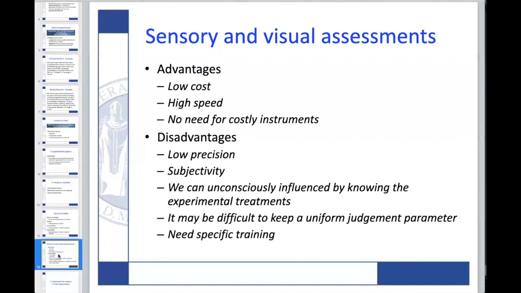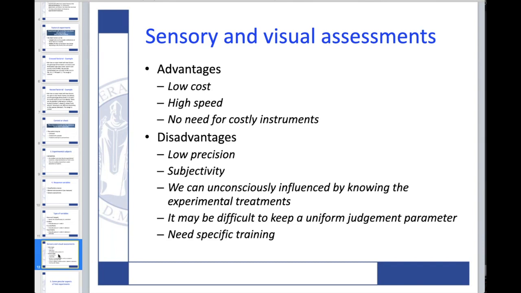In reality, I have learned that with some training, we can give rather precise assessments, even visually. We need experience, of course. And if we have experience, these assessments have strong advantages because they have low costs, high speed, and they do not need instruments. These are the assessments which are favored by industries, for example, because they give precise information without the need for high costs.